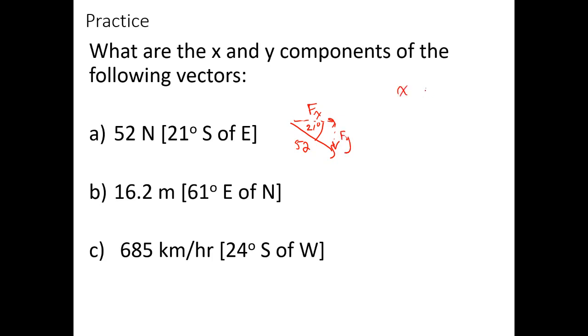So for each one of these vectors, you can set up a little table. If you could draw a little sketch for yourselves and then find what the x and y components would be for each one of these vectors. I'll take a little pause here. I encourage you to pause the video and try these out. Compare your answers with me when you're finished.